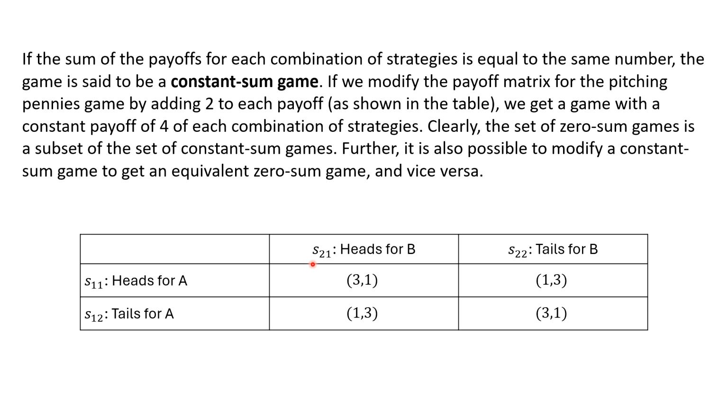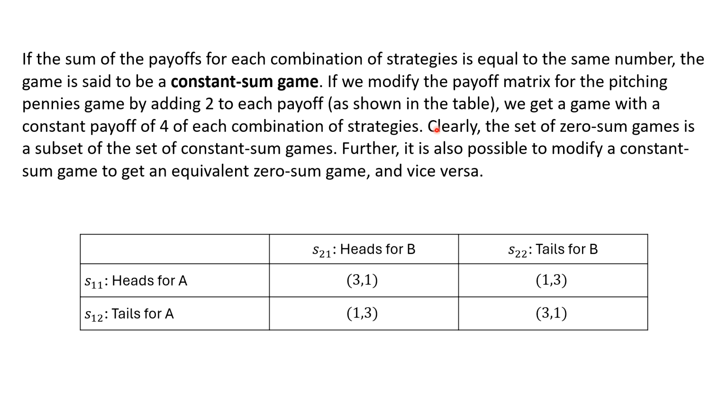So in a sense, the game is similar, but no longer do the 2 payoffs add to 0. So you have what's called a constant sum game. You notice everything here adds to 4. Each one of these 4 cells, if you add the 2 elements in each tuple, you get 4. So this is a variant of a zero-sum game.